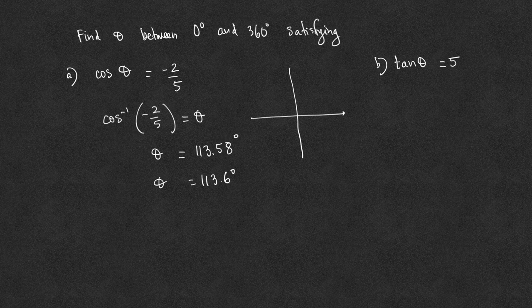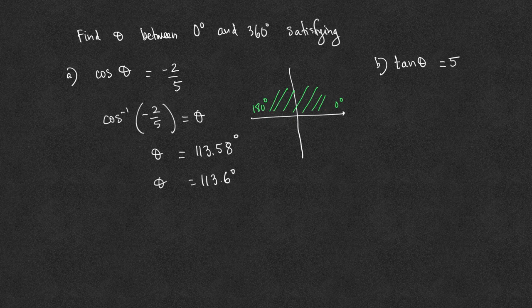But before we find another angle, keep in mind that if we were to use cosine inverse, then we need to restrict our domain to the first and the second quadrant only, from 0 degrees to 180 degrees. That is why when we use cosine inverse, we only obtain one number in this interval from 0 to 180 degrees.